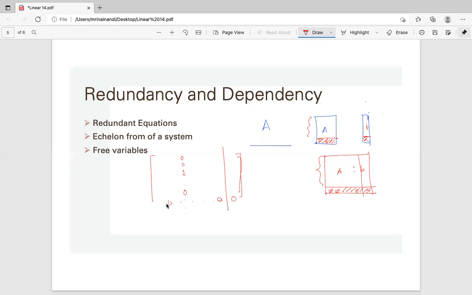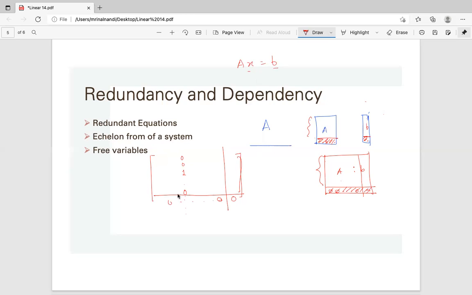If it is a 0 row for A and there is a non-zero in the corresponding row for AB, this again is inconsistent. So there are some 0 rows there. Now this is the echelon form. Once you have an echelon form of this system, we know this has the same solution as the initial AX equal to B.